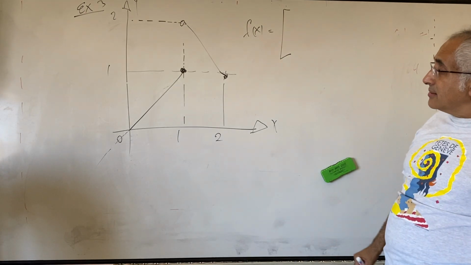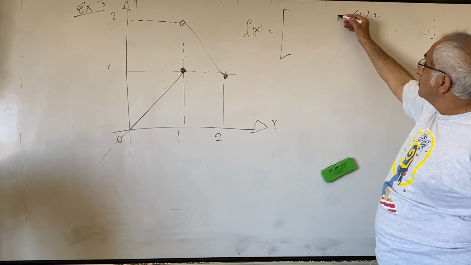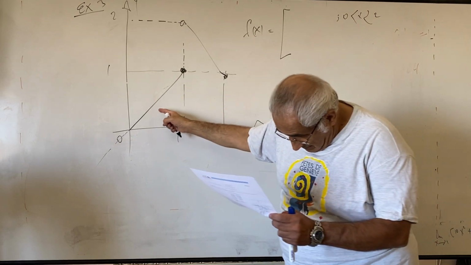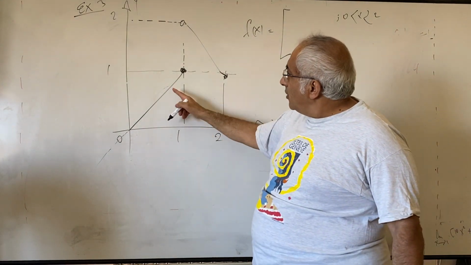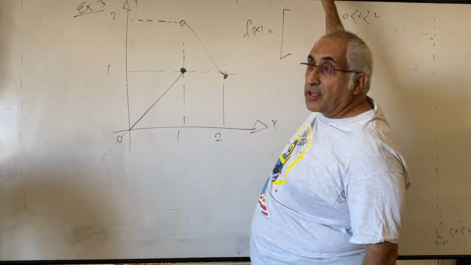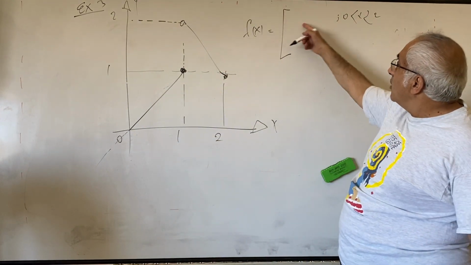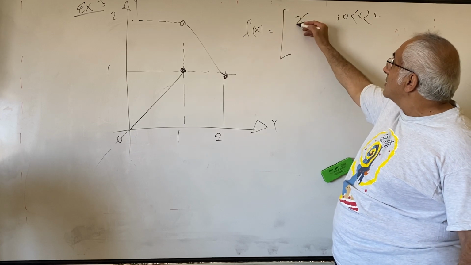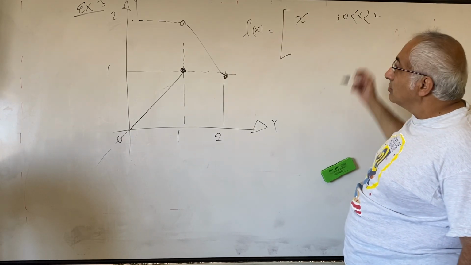The first piece that goes from 0 until 2. What is the name of that graph? This is, as you can see, 1, 1, half, half, 2, 2, 3, 3, minus 3, minus 3. That's simply y equals x. So instead of saying y equals x, I'm going to say f of x equals x, where all the values of x are from 0 to 2.